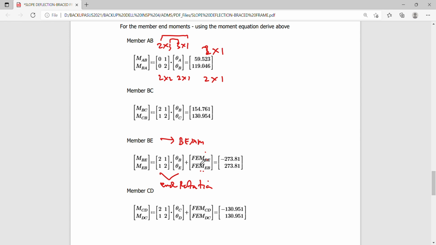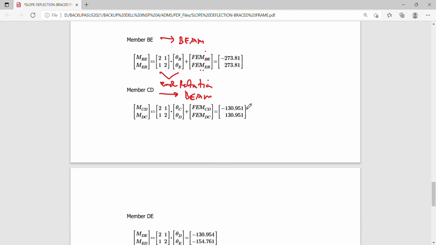So all the beams like members BC and CD will actually constitute an FEM as an added moment to your end rotation moments. That's why we'll come up with your final moments here.